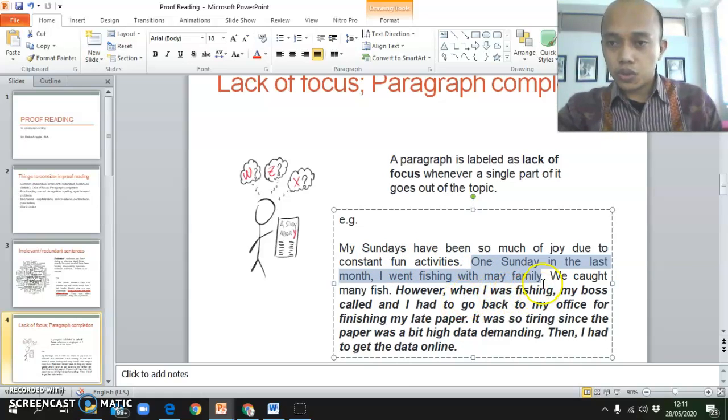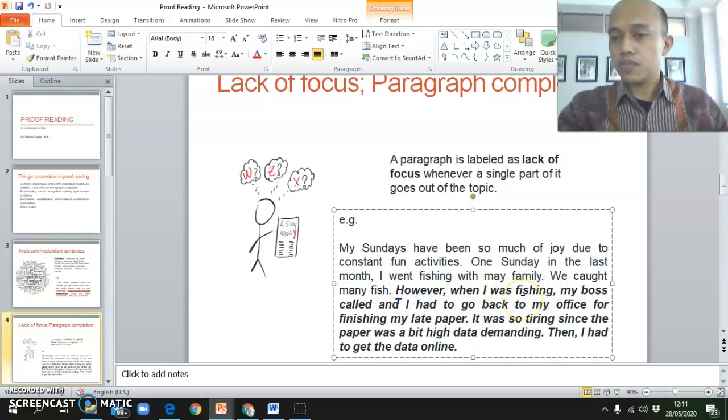as you go to the next sentences, however, when I was fishing, my boss called and I had to go back to my office to finish my late paper. It was so tiring since the paper was a bit data demanding. Then I had to get the data online.